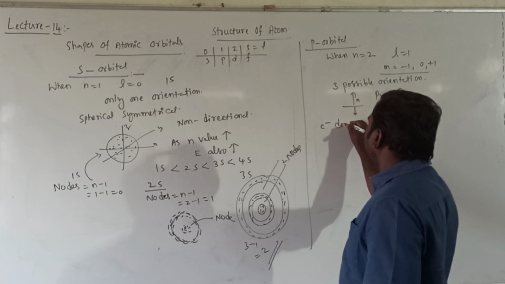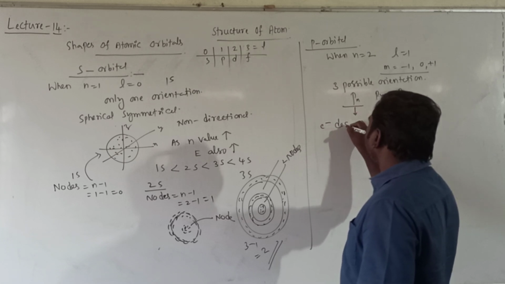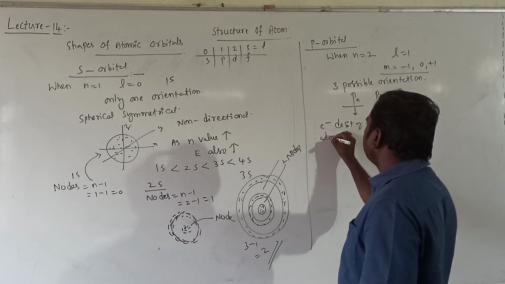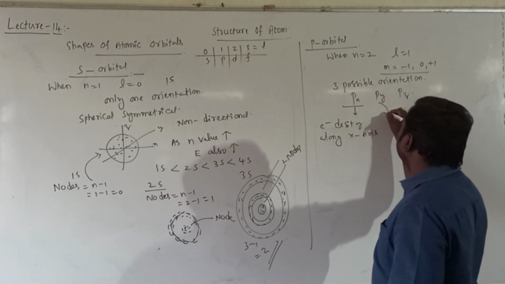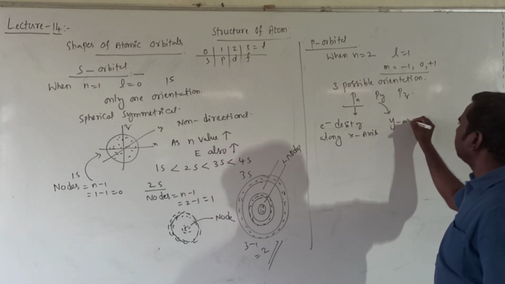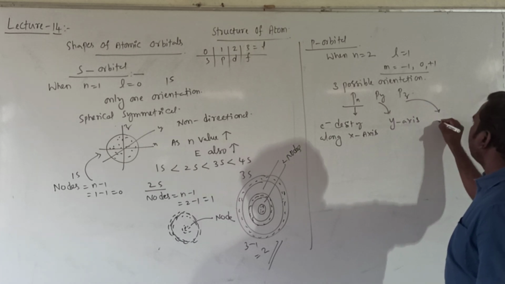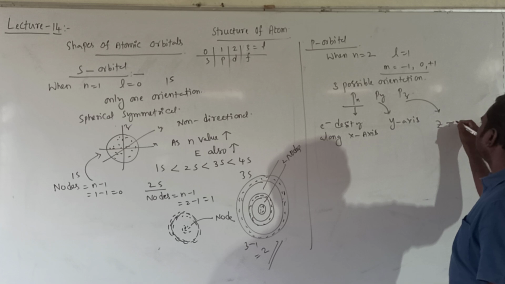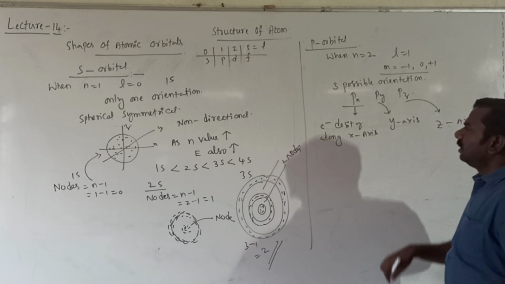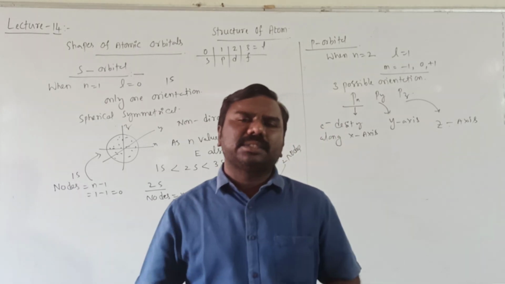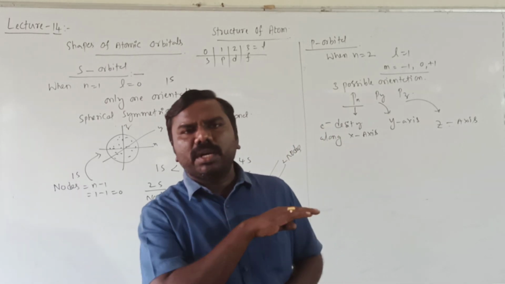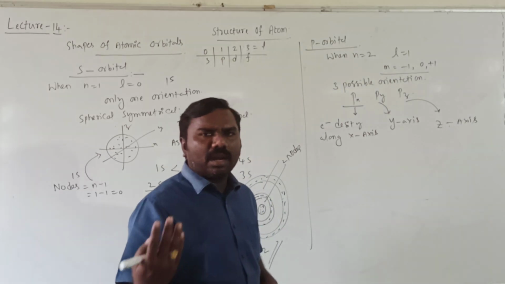electron density along x-axis. It is along y-axis. It is along z-axis. Electron density in px orbital along x-axis, in py orbital along y, pz orbital along z.